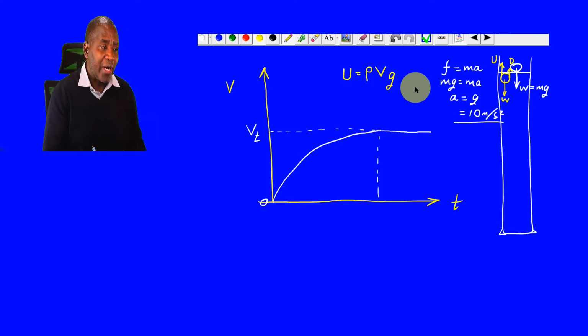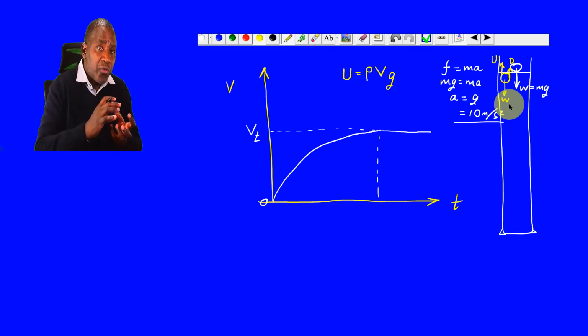The viscous drag is dependent on the speed of the object. If the object is not moving, the frictional force on the sphere due to the liquid is zero. But the moment it starts moving through the liquid or through the fluid, then that resistance comes in. It is like when you are running against the wind.